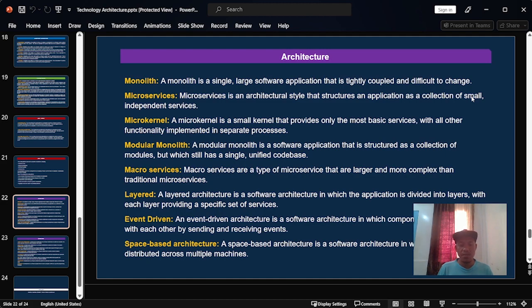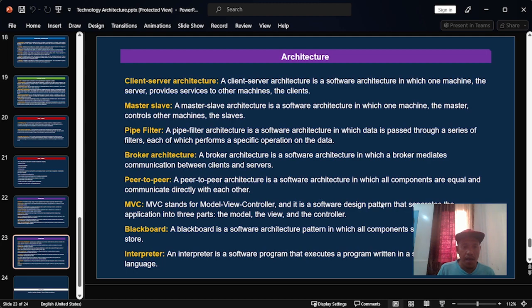Space-based architecture. So space-based architecture is software architecture in which components are distributed across multiple machines. So ganun. So it should be distributed. Ganun ang space-based niya. It can be distributable. Then client-server architecture. A client-server architecture is software architecture in which one machine, the server, provides services to other machines, the clients.